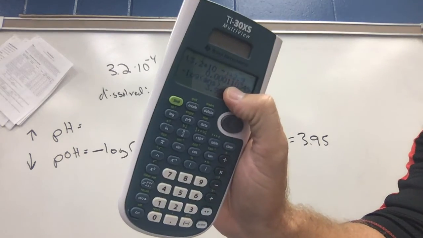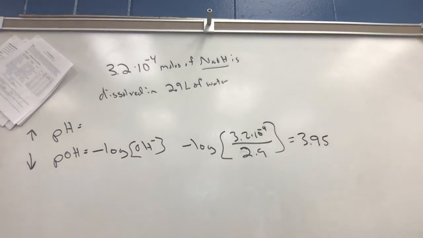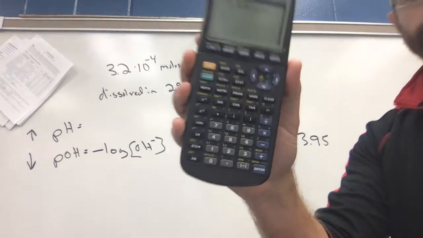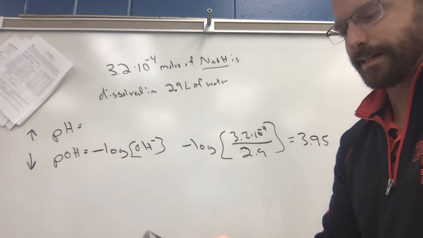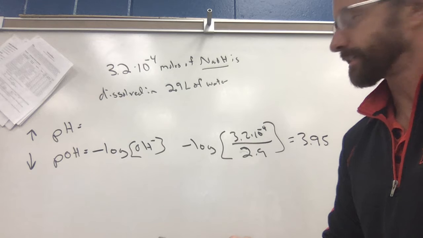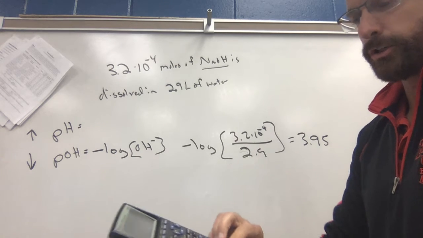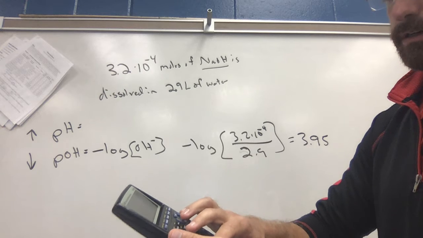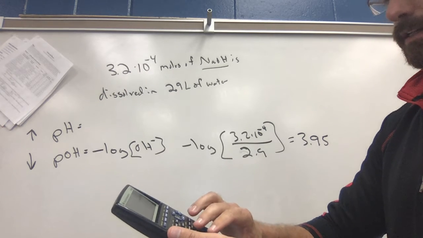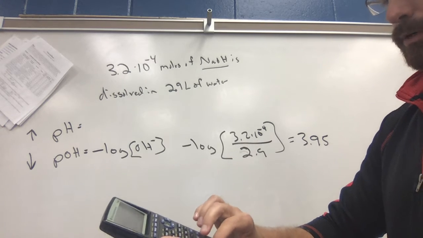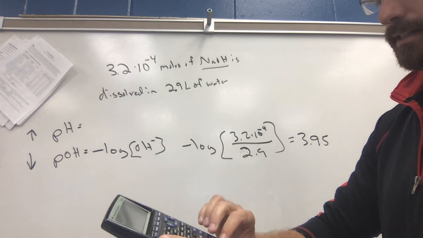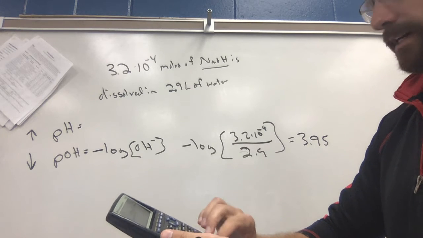If you've got a different kind of calculator, like a graphing calculator, not that everybody has to have one, if I do that same thing, I could do it all at once. Negative log of, and then in parentheses, 3.2 times 10 to the negative fourth divided by 2.9.